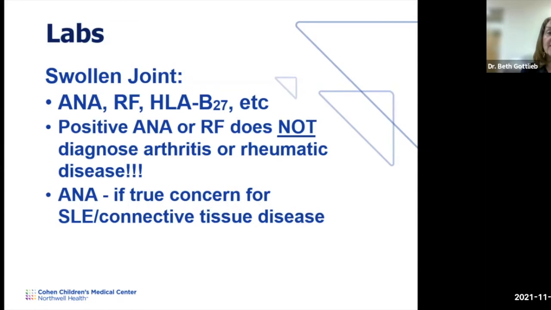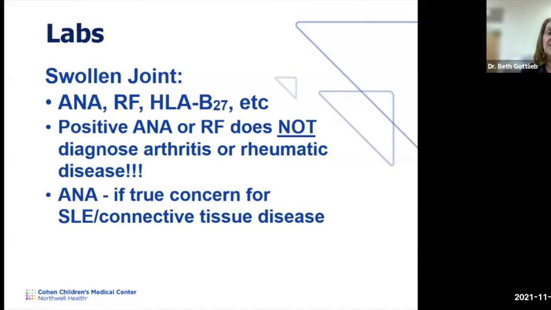Again, that's only going to be important if the joint effusion lasts for 6 weeks. Those are labs that are important to help us understand the course and prognosis and so forth for juvenile idiopathic arthritis. They do not in any way help to make a diagnosis of JIA or rheumatic disease.